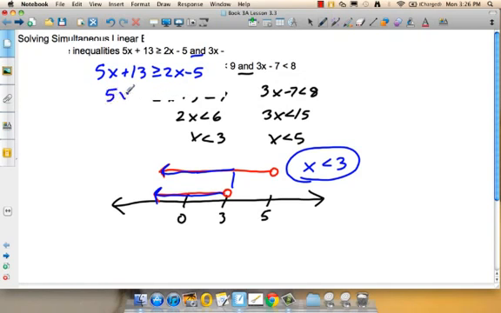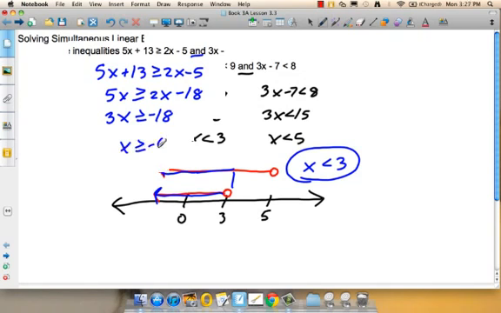So I get 5x is greater than or equal to 2x minus 18. Then I'm going to subtract 2x from the right-hand side. So I get 3x is greater than or equal to negative 18, and x is greater than or equal to negative 6.